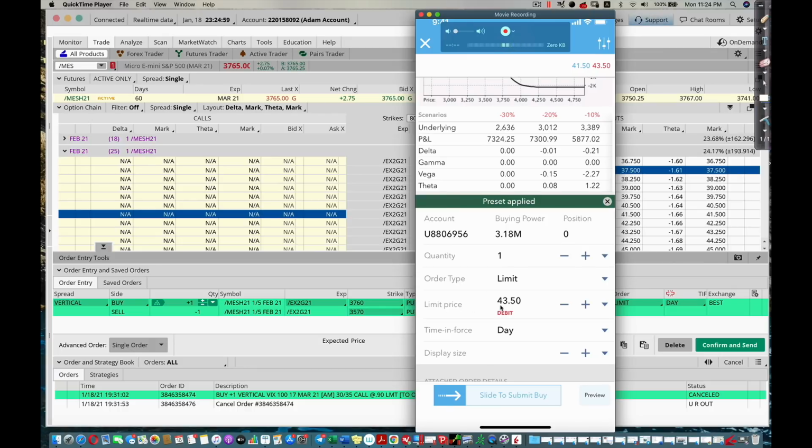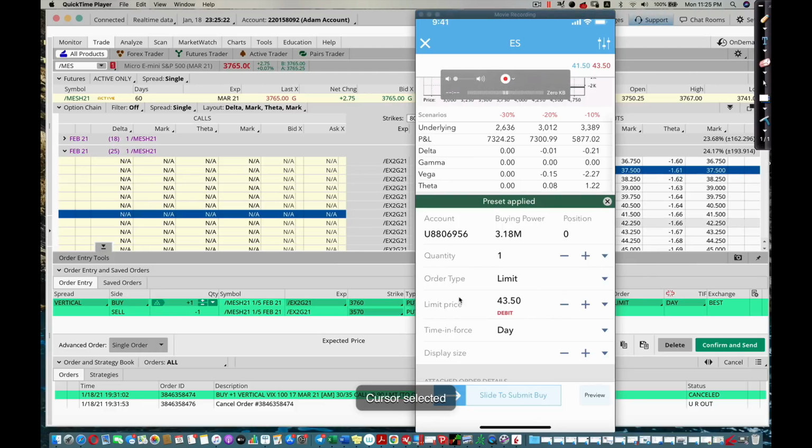Right now the market price is 43.50. Again, this is the /ES, so we have to take this and multiply by 50 to get the value of the contract. If you're trading the MES, then we multiply this by 5. Remember? Okay. So this is the market price.